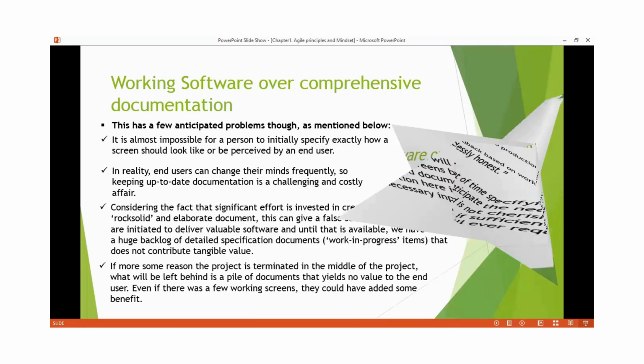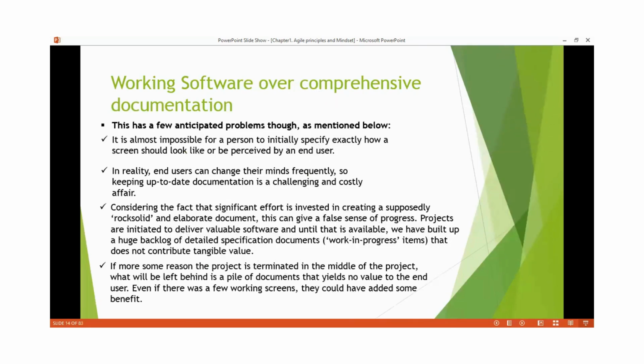Now, here we have as well working software over comprehensive documentation. So instead of having documentation, as we're stating, it's impossible for a person to initially specify how a screen should be perceived by an end user.